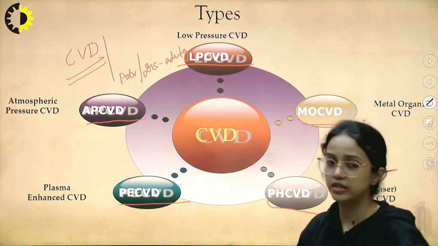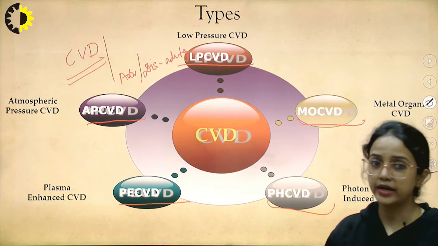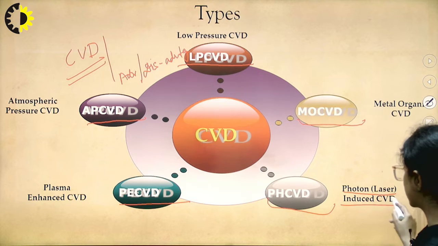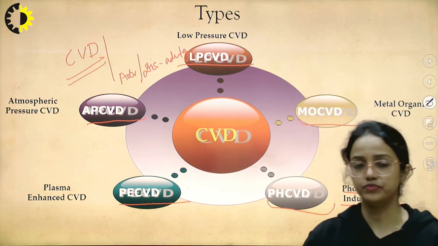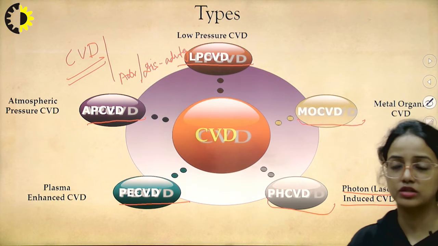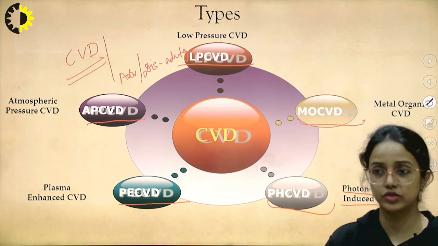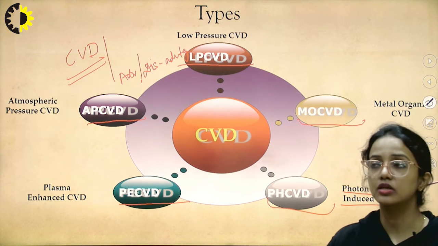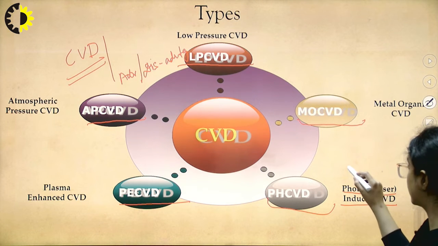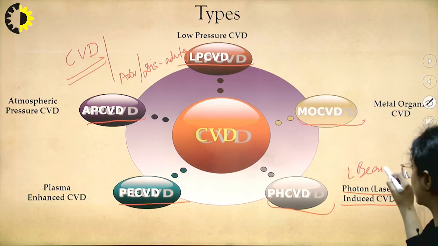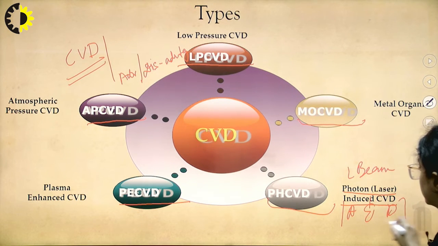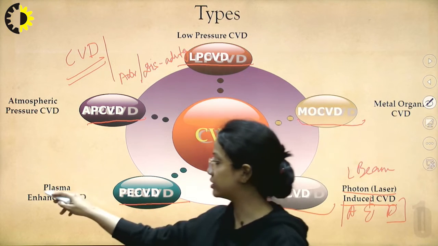So we have to study the basic physics. Let's say we talk about laser induced chemical vapor deposition. Here we are not providing any heat. The molecules combine and stick on the surface of the wafer, and this process is facilitated with the help of a laser beam. We have a laser beam here, and of course there will be some advantages and disadvantages. Another is plasma enhanced.